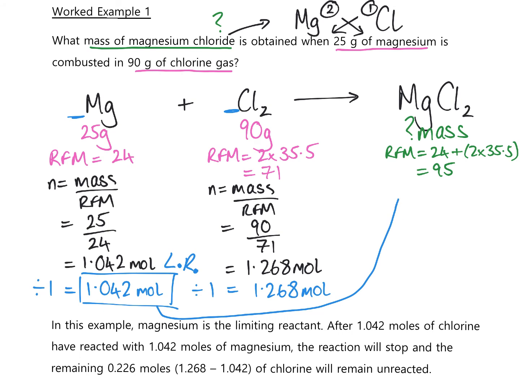So what we would do is bring this over to our magnesium chloride, and you need to be careful about your ratio here, because what you need to remember is that, and again, it won't make a difference here, but it will in later examples, you've actually already done the first step of the ratio. When we were moving ratios over before, we would have divided by the first number and times by the second number.